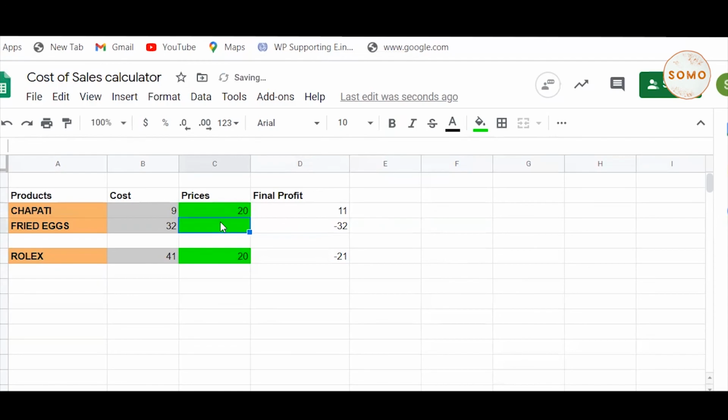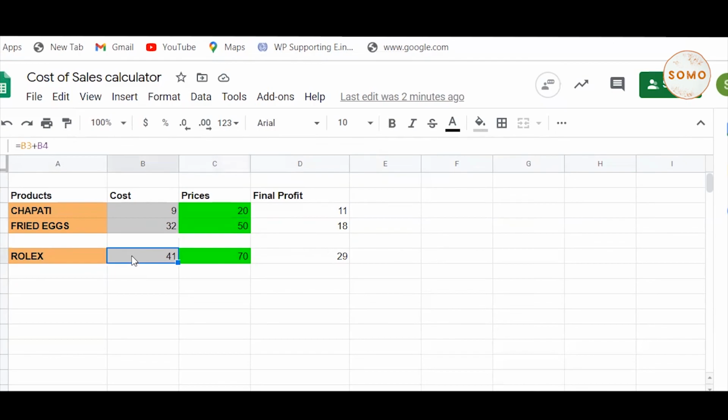A plate of 2 fried eggs is 50 shillings. That means the final profit of a single chapati is 11 shillings when it's being sold at 20 shillings. The final profit of a plate of 2 fried eggs is 18 shillings when it's being sold at 50 shillings.